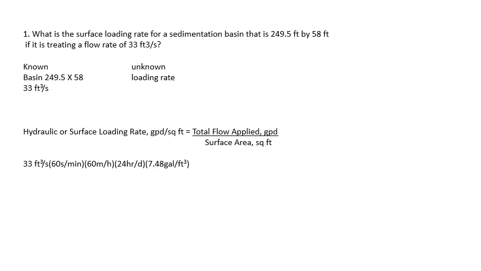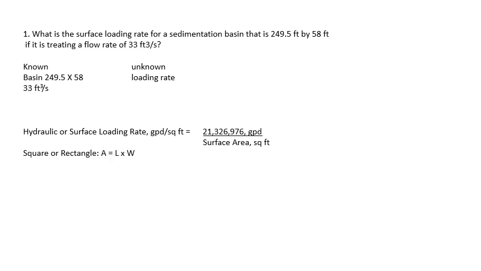So I'm going to do the 33 cubic feet per second times 60 seconds in a minute times 60 minutes in an hour times 24 hours in a day, and there are 7.48 gallons per cubic foot. That is going to leave you with an answer of 21,326,976 gallons per day.